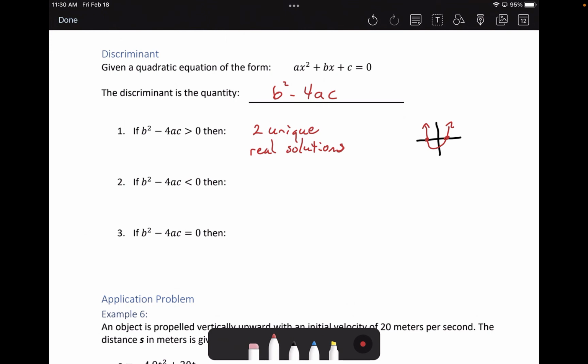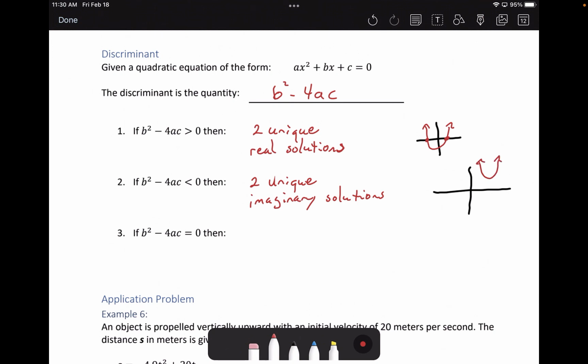If b squared minus 4ac is less than 0, then we have two unique imaginary solutions. Graphical representation of that is no x-intercepts.